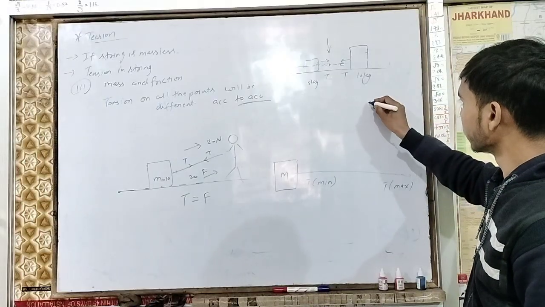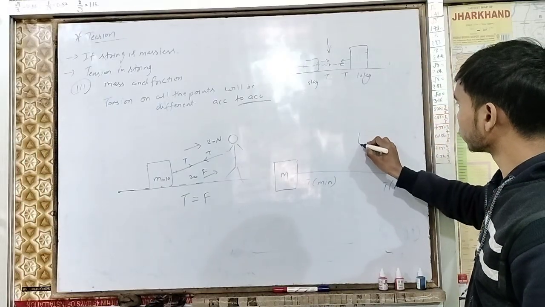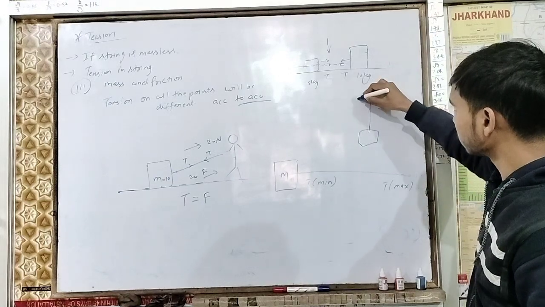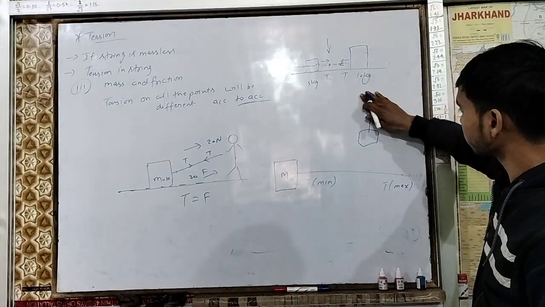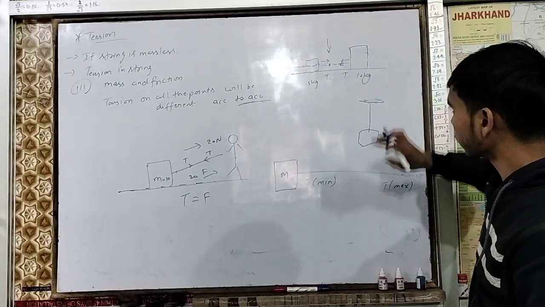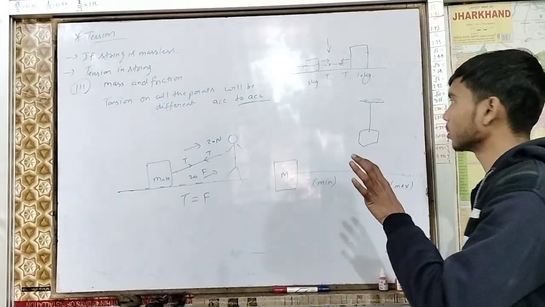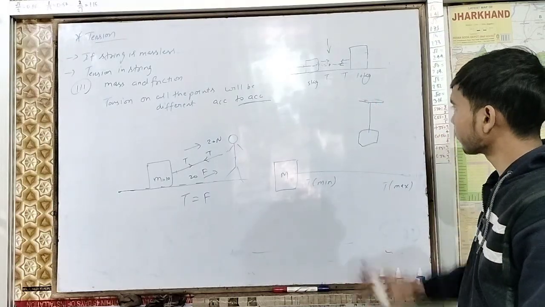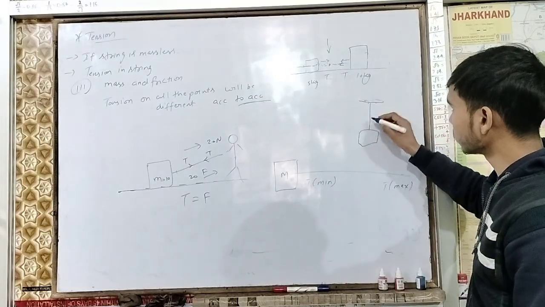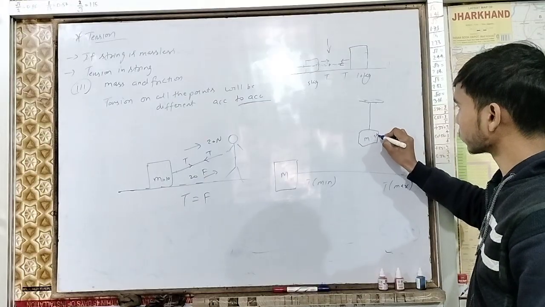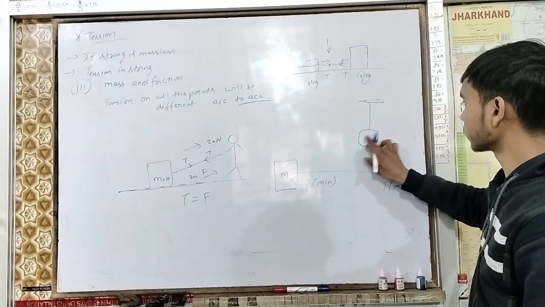Let's say there is an object which is like this, and over here it is in contact with the roof. This string over here is with the roof. This is an object of 5 kg.